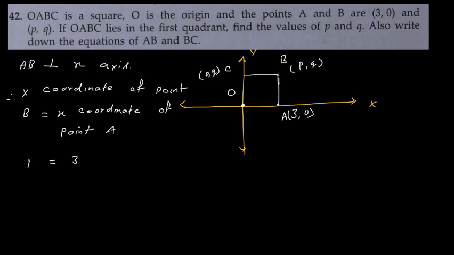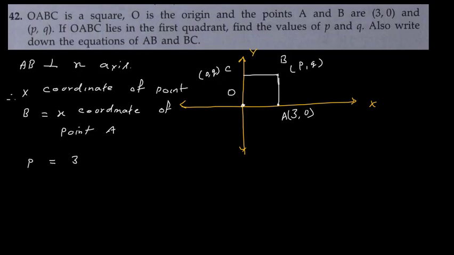So for that what we do, as this is a square, we can also use the distance formula, that distance of OA is equal to distance of AB. So let us apply that.